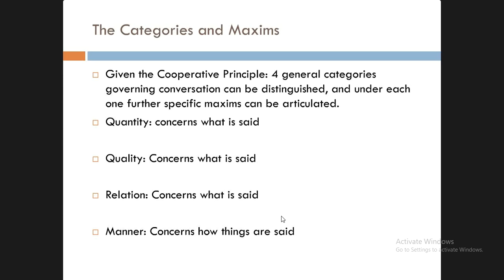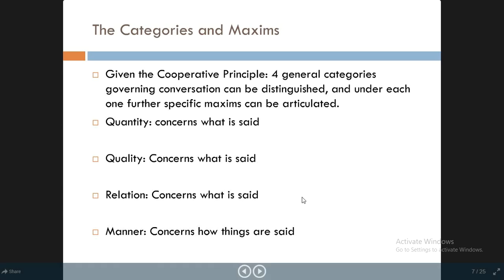So there are 4 categories in what Grice has explained. The first one is quantity, which concerns how much is said. Quality concerns what is said also. And manner concerns how things are said.